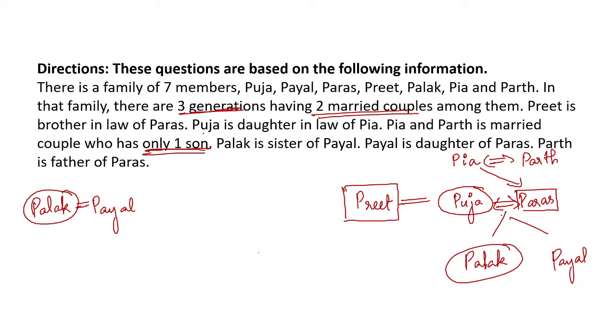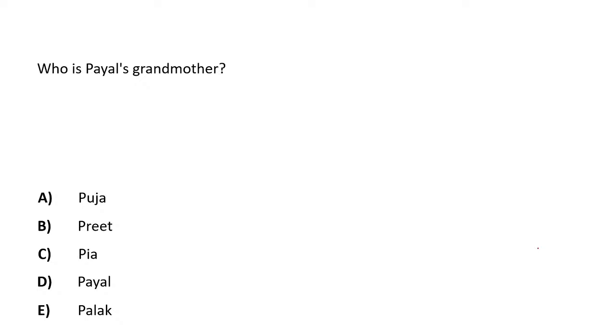So this is the actual family structure that we have got. Done. Now that we need to answer the questions accordingly, Pia, Parth come in the first generation. Preet, Pooja and Paras come in the second generation. Palak and Payal come in the third generation. Okay, from this, the question is who is Payal's grandmother?